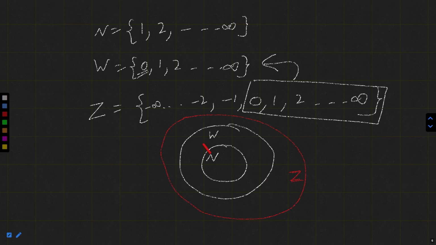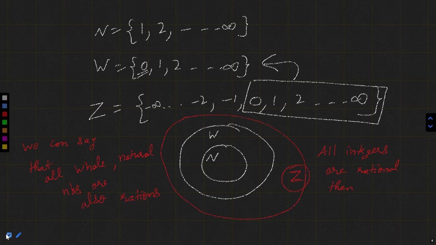Okay, so if we somehow show that all integers are rational, then we can say that all whole and natural numbers are also rationals.